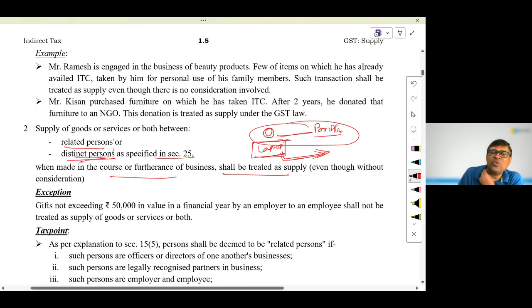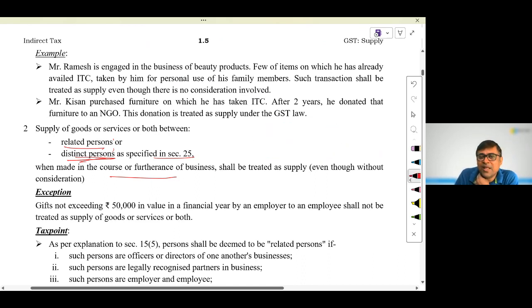Distinct person. What do you mean by distinct person? Ideally, in case of supply, there are two persons: one is the supplier and another one is the recipient. But think about a situation where you have a head office in Kolkata and one branch office in Bangalore.